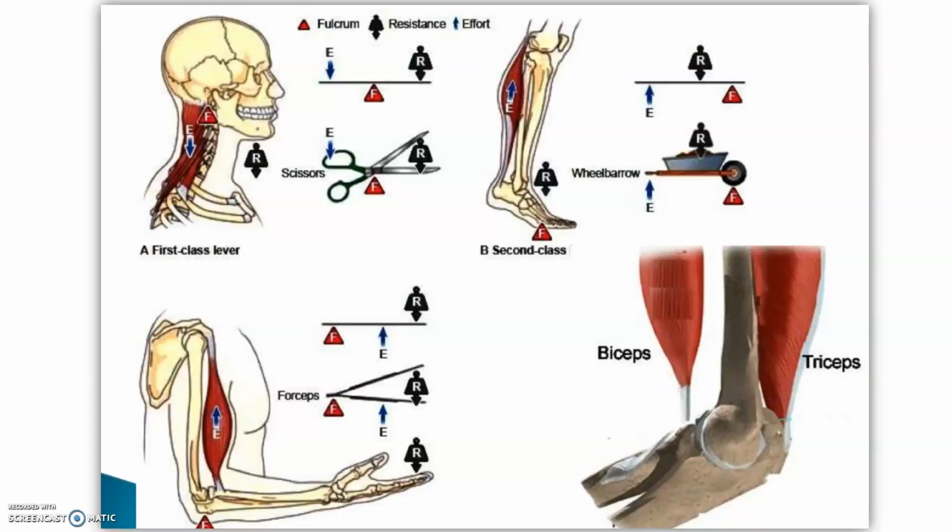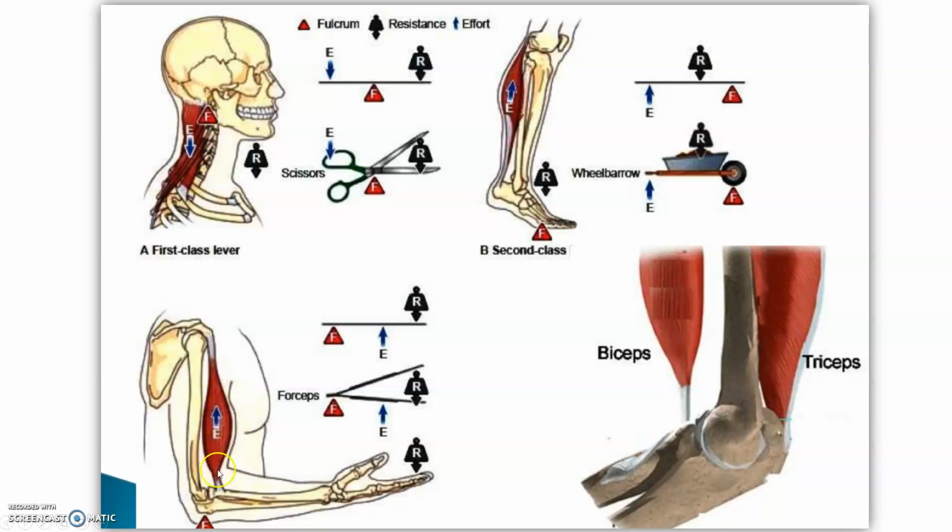So let's look at some actual real life examples of different types of fulcrums. Here we have just our simple seesaw. A pair of scissors is like this. We apply a force here, we have our fulcrum in the middle, and the scissors go chop. And that's our resistance. Our neck is an actual first-class lever. Second, which we already talked about, is where you have your fulcrum at the end and your resistance here, and your effort is pulling up.